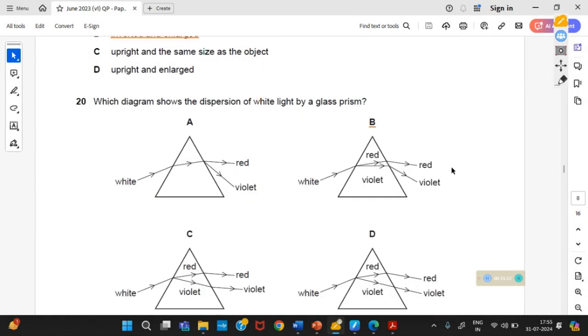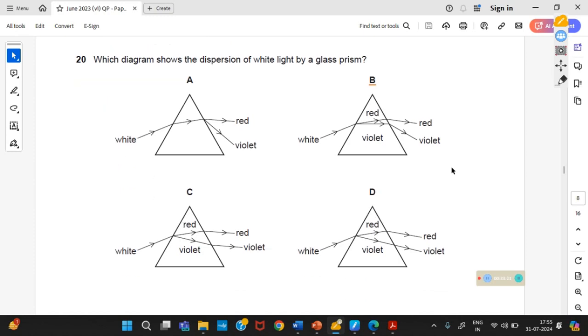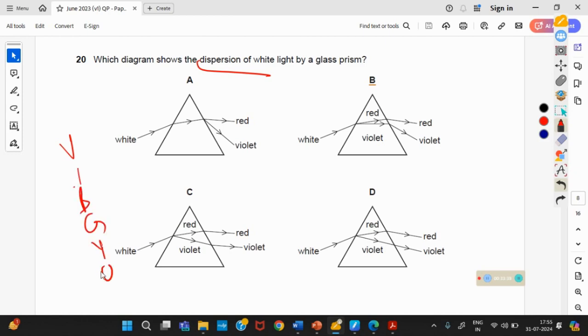Which diagram shows the dispersion of white light by a glass prism? Now if you see option A, dispersion of white light by a glass prism means the white light will be dispersed into 7 colors, VIBGYOR. The red light will be least deviated and violet light will be most deviated.